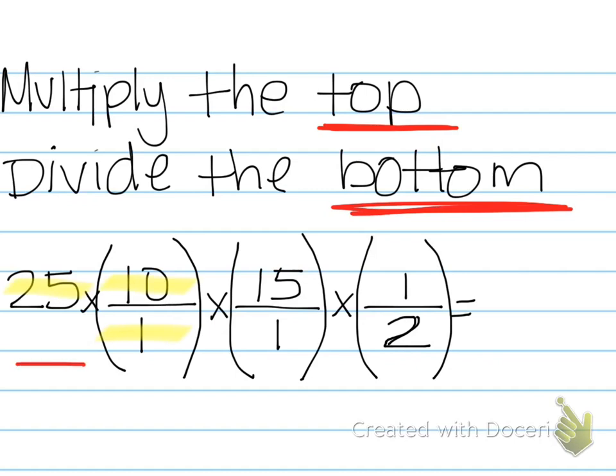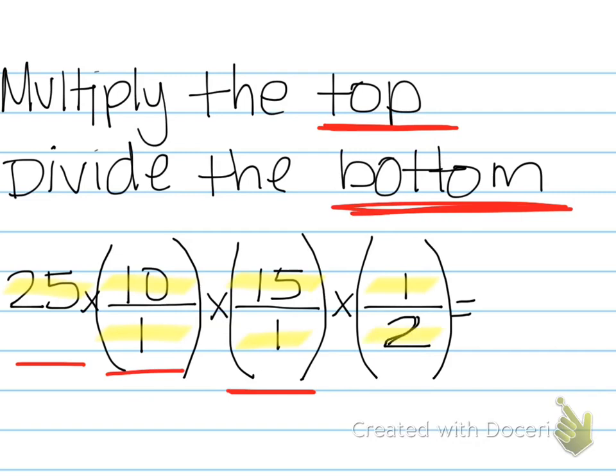And then we move on to our next set. So we've done this. Our next set is 15. So we multiply by 15, which should give you 3,750. Dividing by 1, we're still going to have that same number. So now we've done this one. Now we move on to our last parenthesis set here. Multiply by the top. We're multiplying by 1, still going to have our same number.